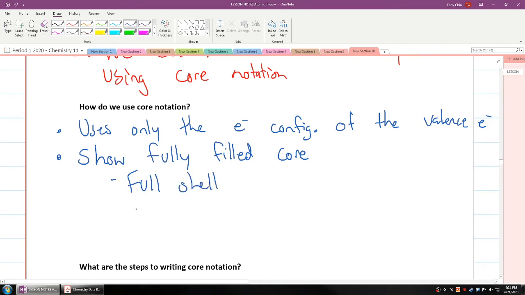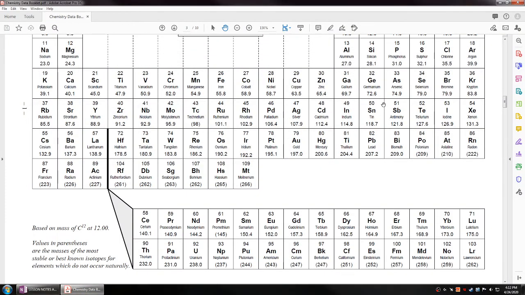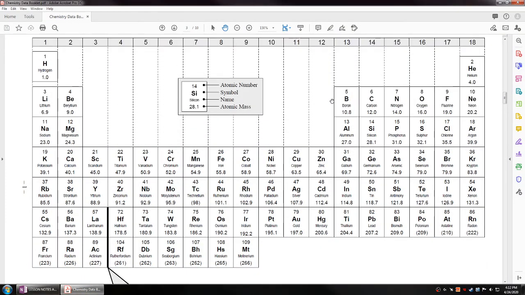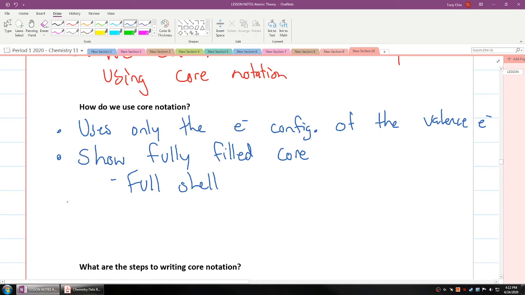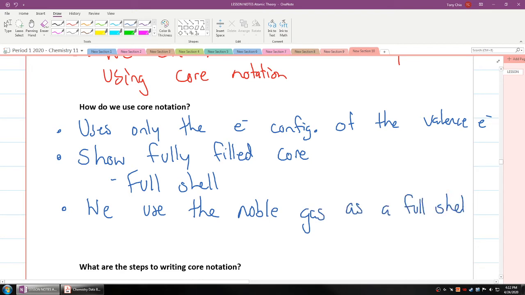Now, which ones have the full shell? If you look at this periodic table here, which elements do you remember have full shells? The noble gases. These noble gases have full shells, so what we do is we use the noble gas as a full shell.